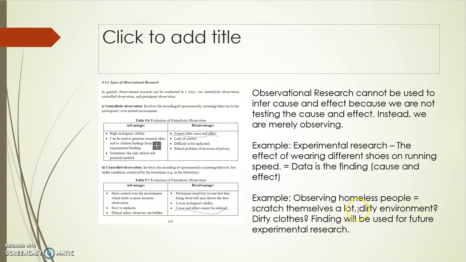So when you experiment on this, it becomes an experimental research. But since this is an observational research, we do not manipulate all this, because what we're doing is just observing. So all these findings of why they scratch themselves will be used in a future experimental research.